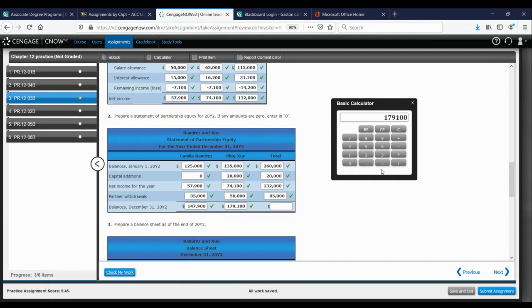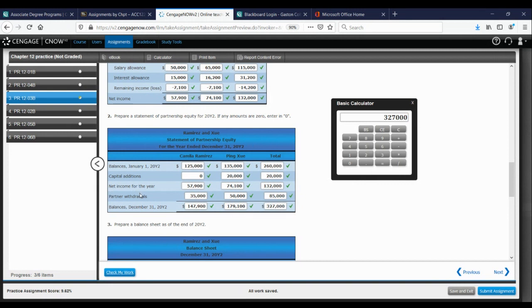Then the two ending balances together will give you the total partnership equity. And that's how you do a statement of partnership equity.